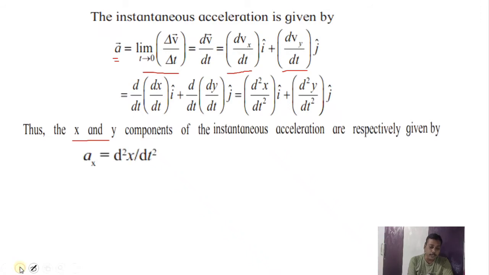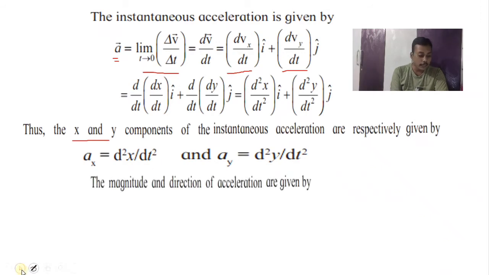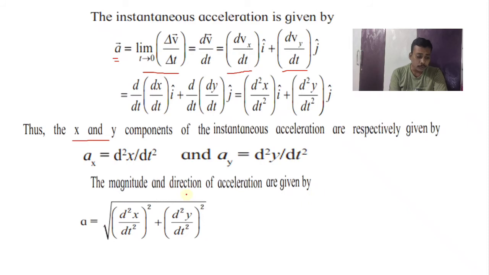So instead of vx, I write dx by dt, and instead of vy I write dy by dt, then it becomes d square x by dt square i cap plus d square y by dt square j cap, where d square x by dt square is the x component of acceleration and d square y by dt square is the y component of instantaneous acceleration. So I write ax is equal to d square x by dt square and ay is equal to d square y by dt square.